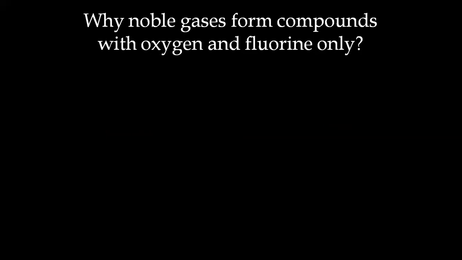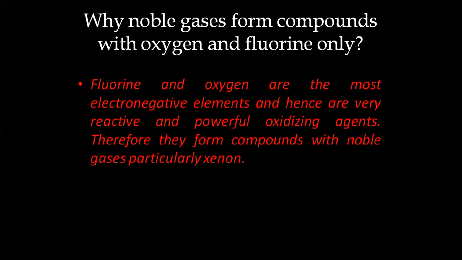As a result, they are very powerful oxidizing agents. They can make xenon lose electron easily. Being the most electronegative elements, fluorine and oxygen will be very reactive and powerful oxidizing agents. Hence, they can easily form compounds with noble gas, particularly with xenon. And why xenon? We have already discussed that, because of the low ionization enthalpy of xenon.